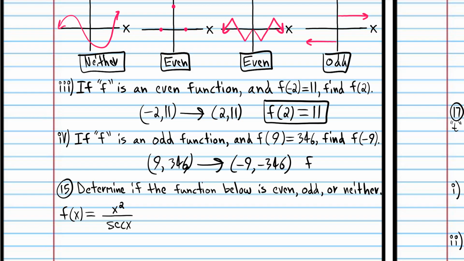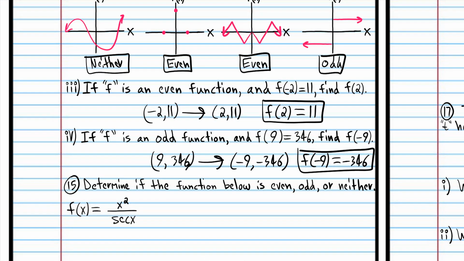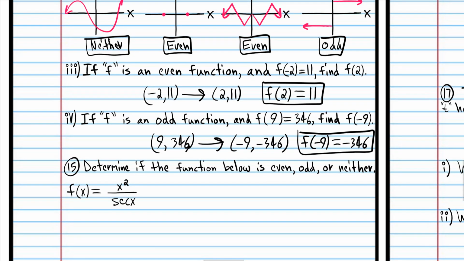So if the x value of the function is negative 9, then the y value is negative 346. That's what it's asking. And technically, it's probably best just to rectangle the actual number we're looking for. I don't want to add any confusion here.